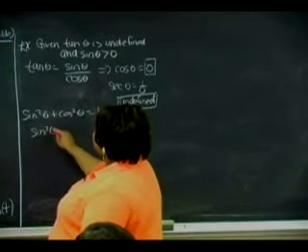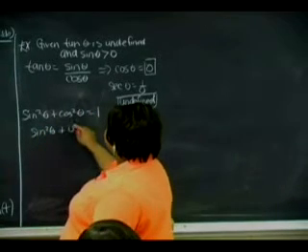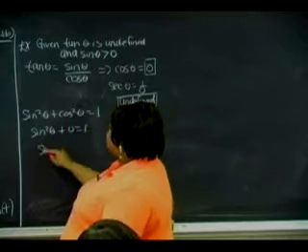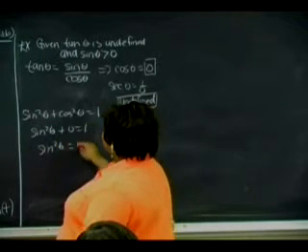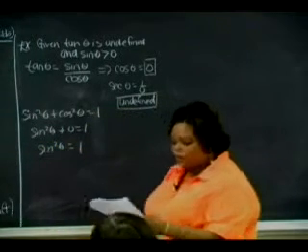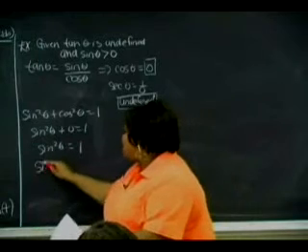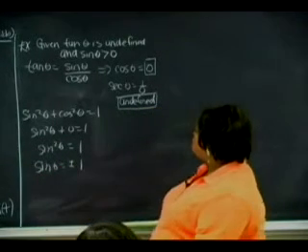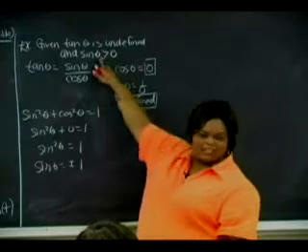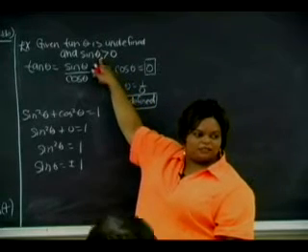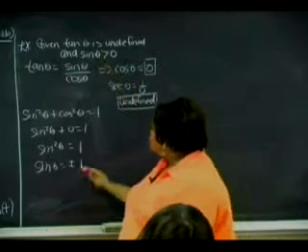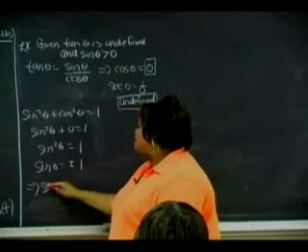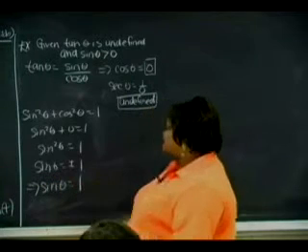I know that cosine squared theta is 0, which means sine squared theta equals 1. So sine theta is plus or minus the square root of 1, which is 1. But they gave us that sine theta was greater than 0, which means sine theta is positive 1.